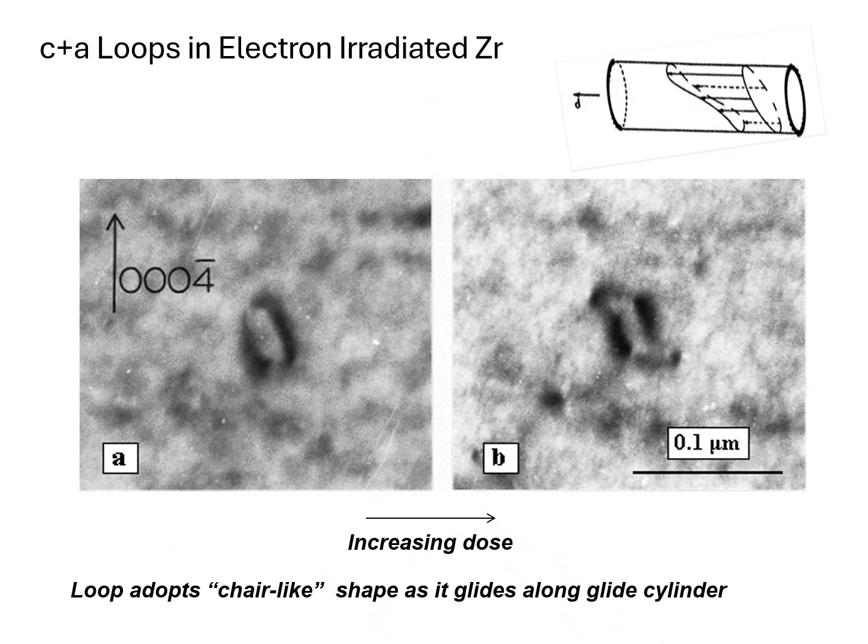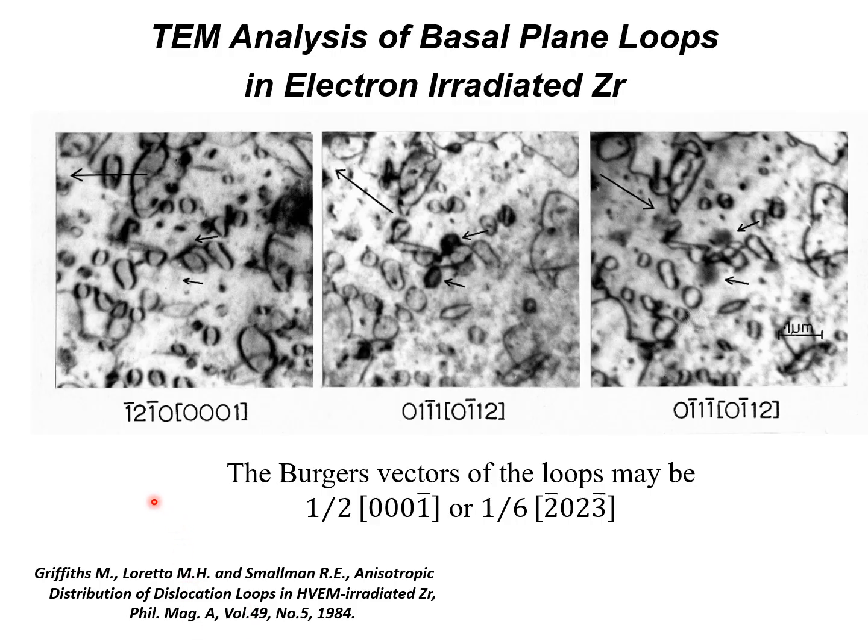Here's a C+A loop. This is electron irradiation. So you get all kinds of neat and interesting stuff. And here's a basal plane loop with this Burgers vector. It's either a 1/2 [0 1 bar 2] or [2 bar 3]. The important thing here is that they're vacancy. This is electron irradiation, about 425 degrees C. You see them with this diffracting vector.